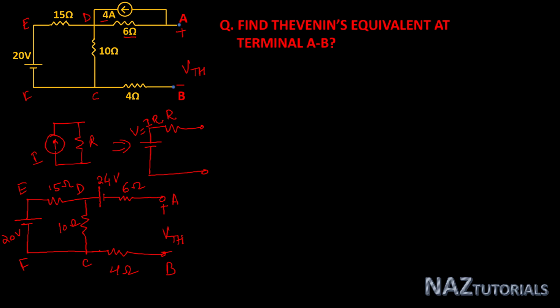Now for calculation of VTh, first we define current in this particular network, then select a path for VTh. So here there is a single loop current I which is flowing in the 15 ohm and 10 ohm. In the 6 ohm the current is 0, and in the 4 ohm the current is also 0 because its path is open. So here you can calculate current I, then select a path.